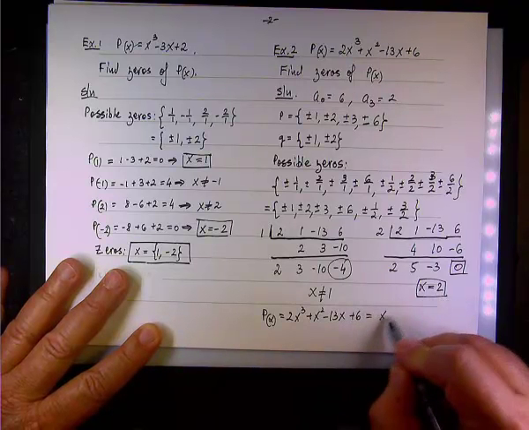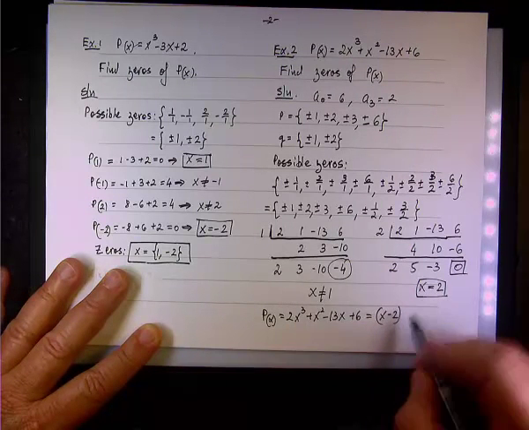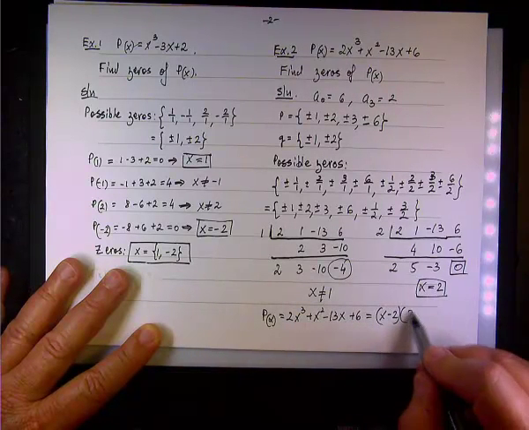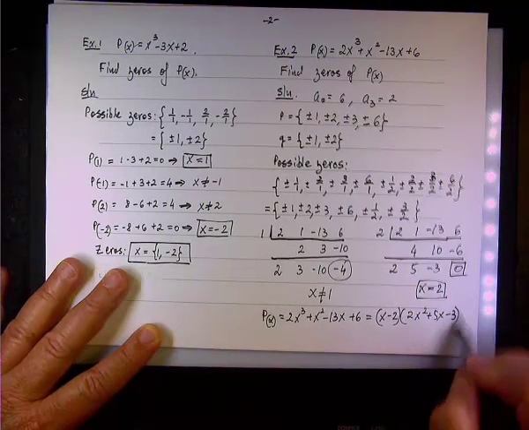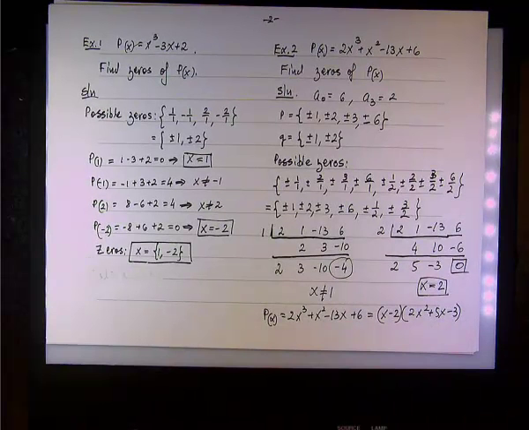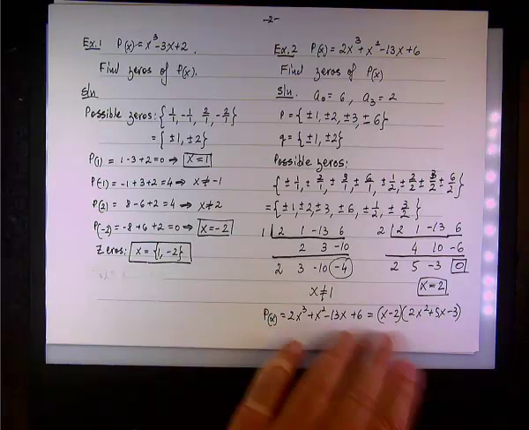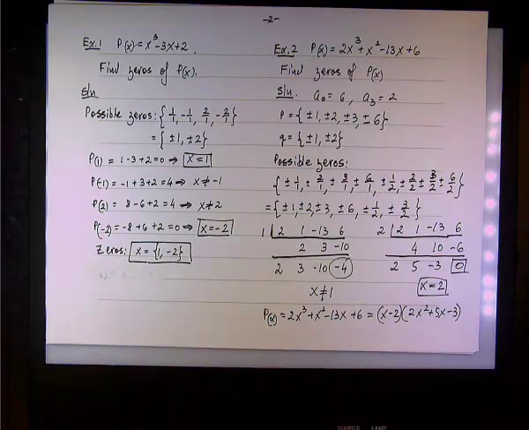So we start with cubic. What we see is that p of x, originally 2x cubed plus x squared minus 13x plus 6, is really x minus 2, because if x equals 2 is a zero, then the linear factor is x minus 2. And what's left is the trinomial 2x squared plus 5x minus 3. Now I need to factor this to get 2 more zeros.